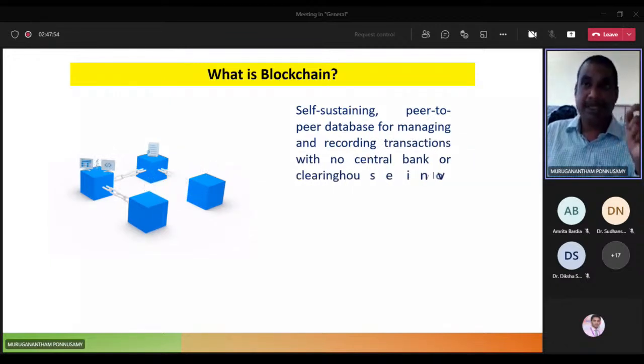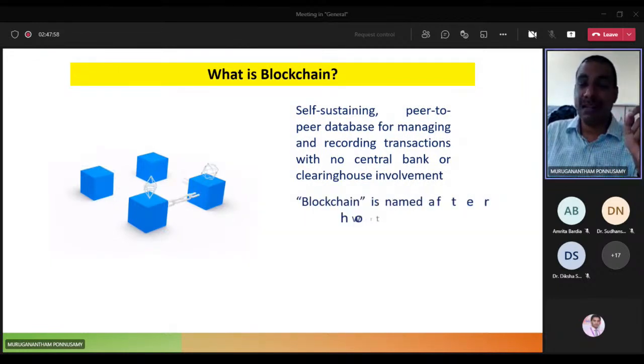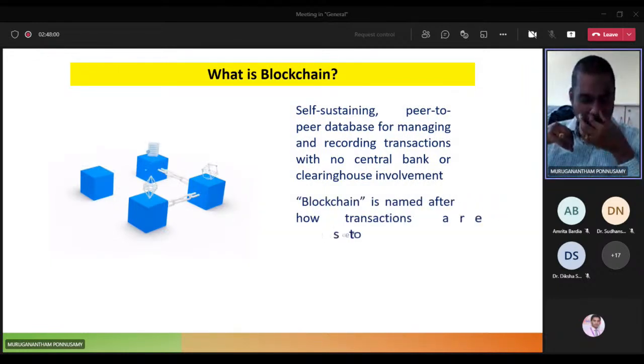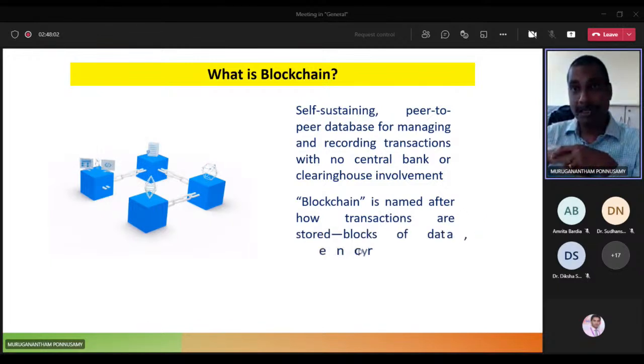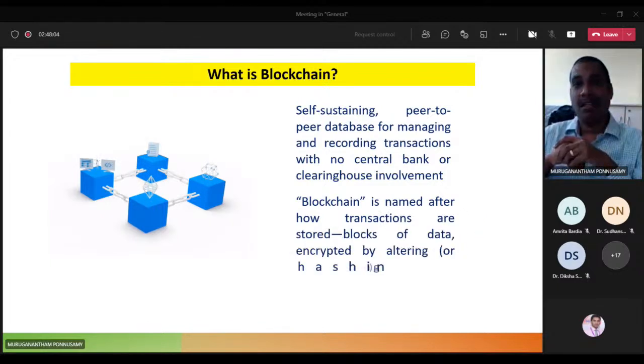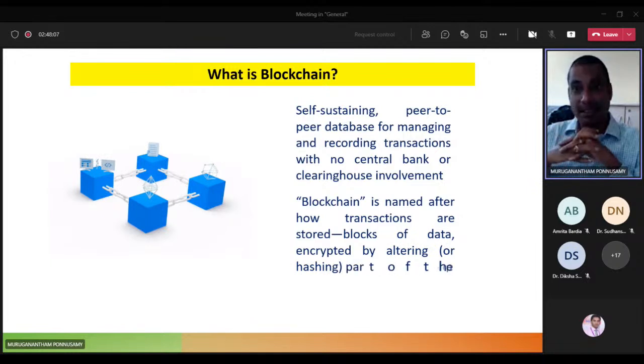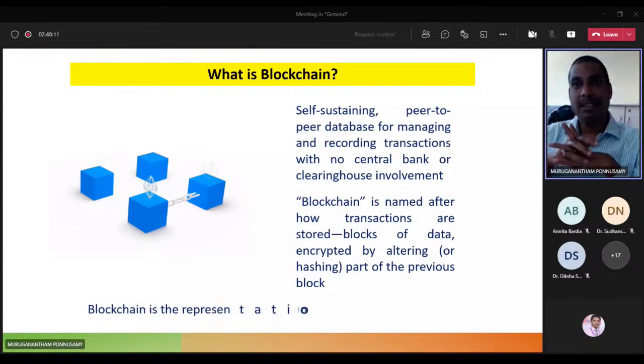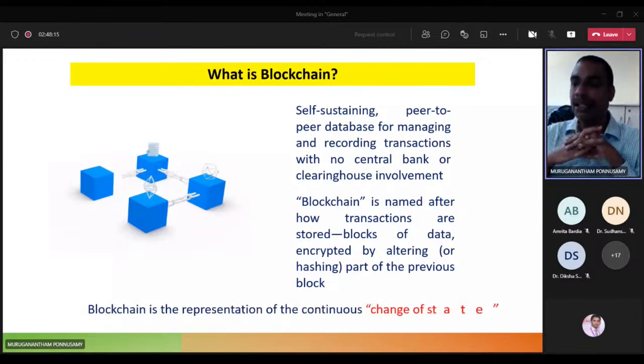The specialty is that there is no need of any central bank, or in our banking and finance terms, what we used to call a clearing house. So such central bank or clearing house involvement is totally eliminated if you adopt this technology in the banking or financial sector.